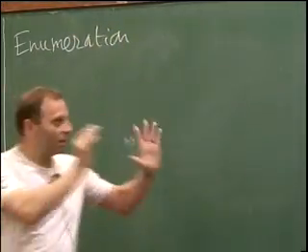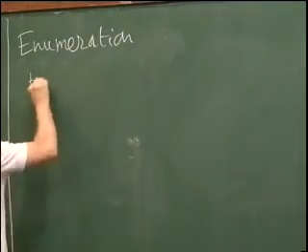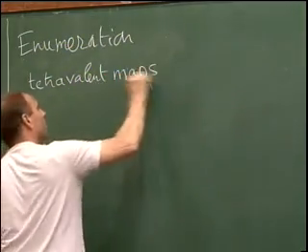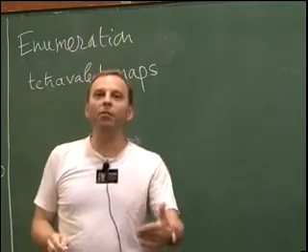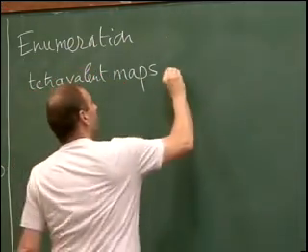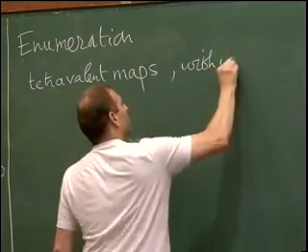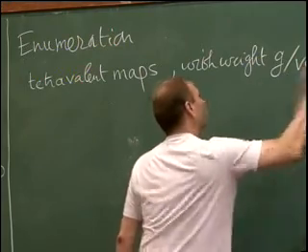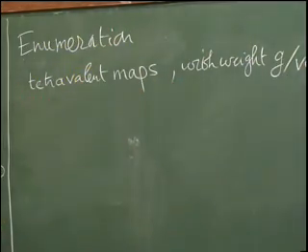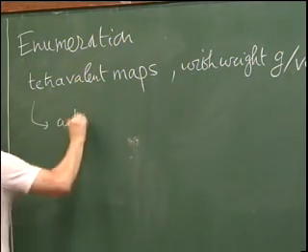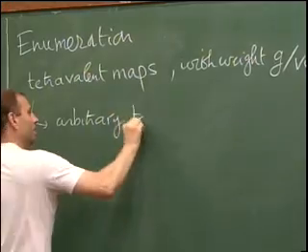So let's set ourselves a simple task, which will be enumerate the tetravalent maps, okay? And instead of saying with n vertices, let's take just arbitrary numbers of vertices, but with weight g per vertex, okay? Now, these maps, I would like to enumerate maps of arbitrary topology.